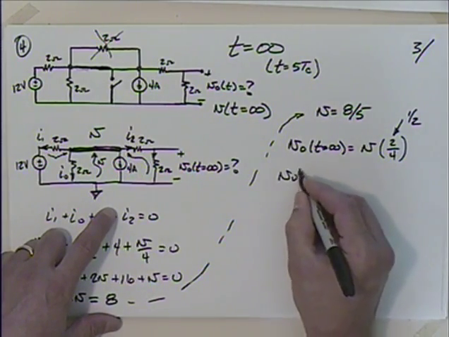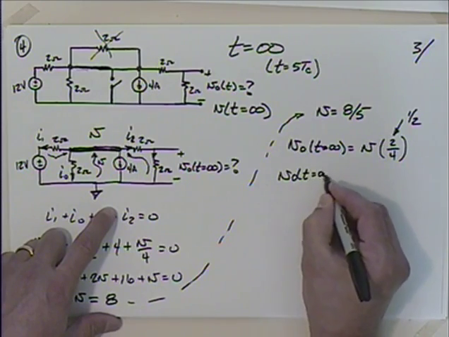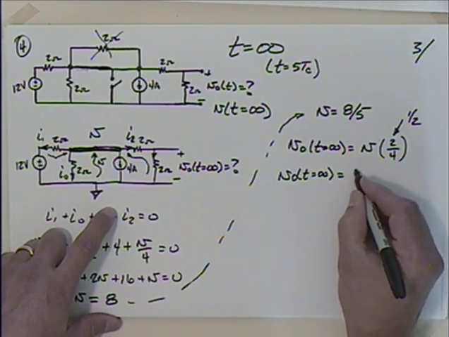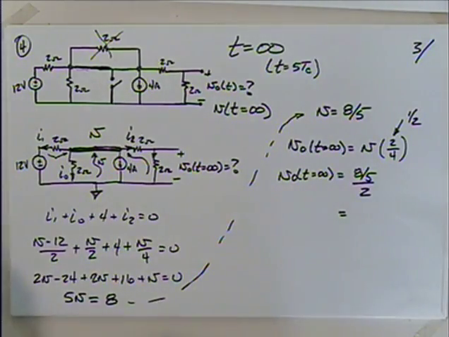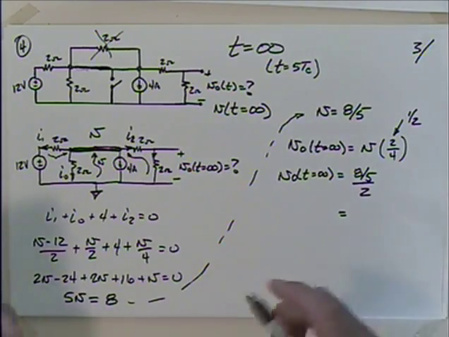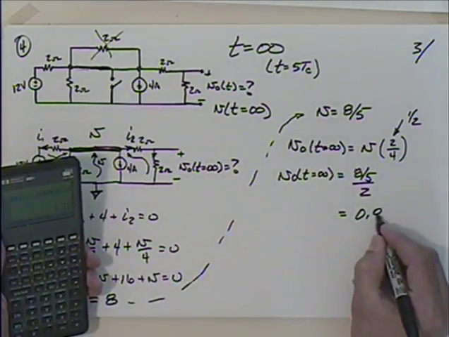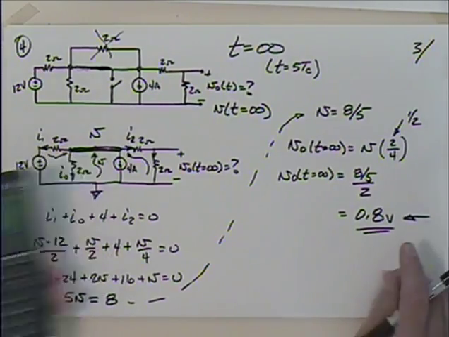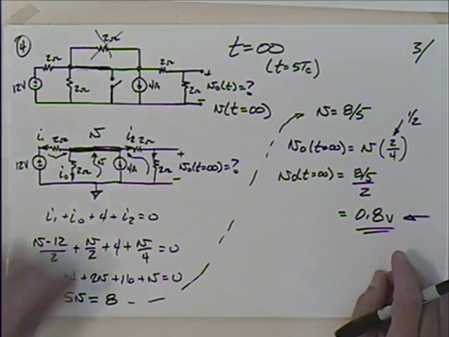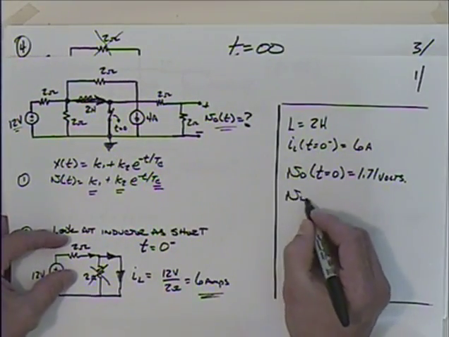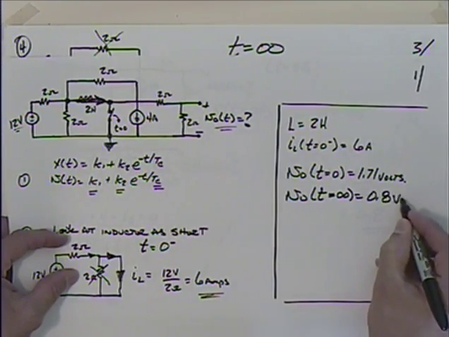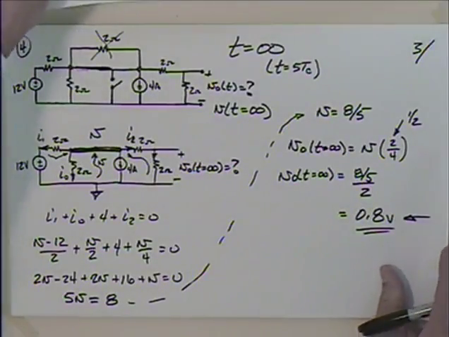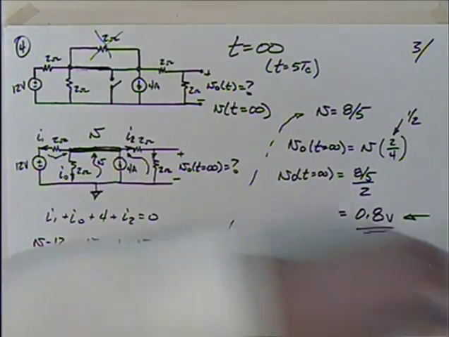So I can say that V naught at t equals infinity is equal to 8 over 5 divided by 2, which gives me what? 0.8 volts. Okay, 0.8 volts. So I'm going to go back and put that in our scorecard here. V naught at t equals infinity is 0.8 volts.